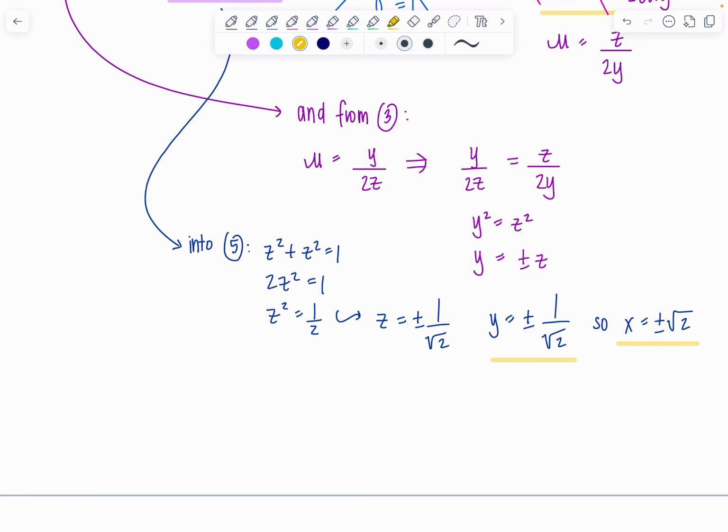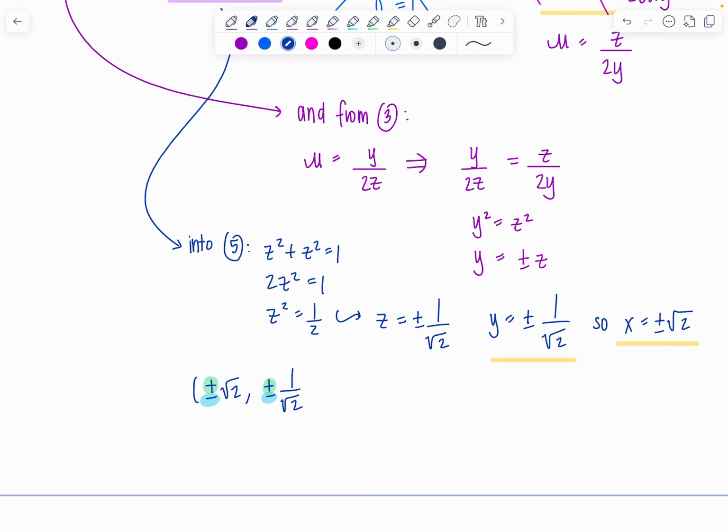And yes, there is a clean way of writing them out so you don't lose your mind. Are you ready for it? So x could be plus or minus rad 2. Y could be plus or minus 1 over rad 2, but they have to agree. Like if x is positive, y is positive. Or if x is negative, y is negative.